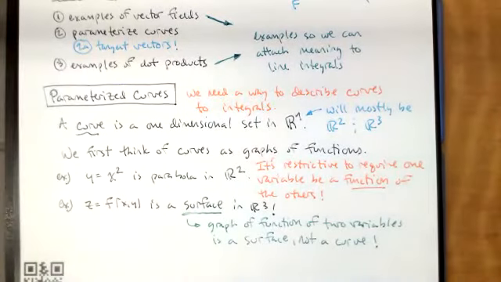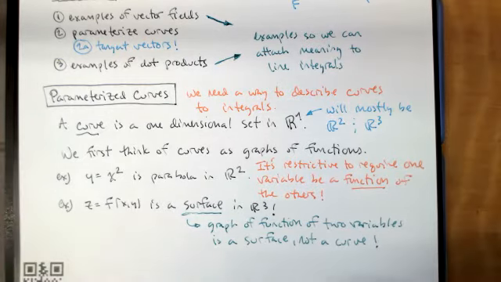If we look at the graph of a function of two variables, we look at a surface, not a curve. So this function business is not going to help us if we're describing curves in R3. It might work out if we're describing curves in R2. Graphs of functions are curves in R2, but if we're in R3, graphs of functions are now surfaces. A surface is two-dimensional and a curve is one-dimensional.